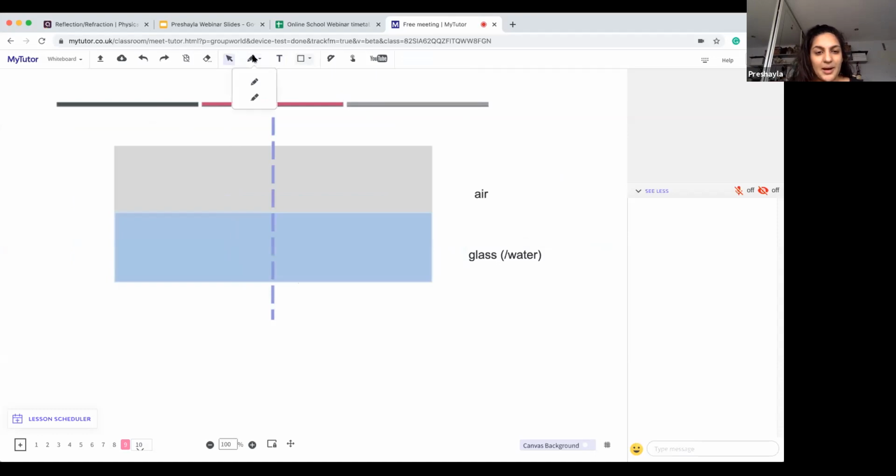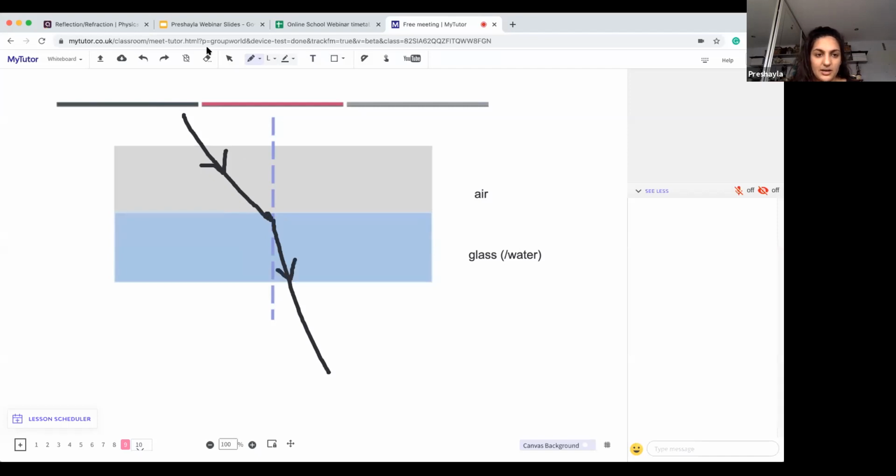So we still have our incident ray. That doesn't change, okay? So our incident ray comes in and it hits our normal. Now, our light is going to bend. So we're going to change the angle. Okay, so this is what refraction looks like.